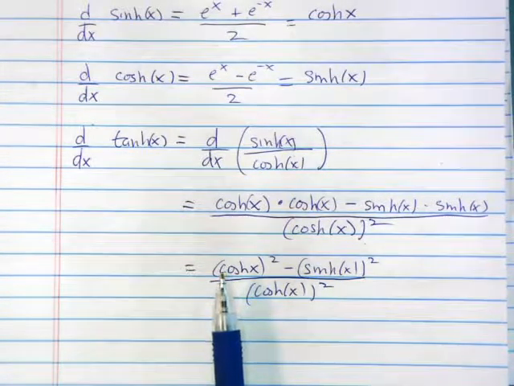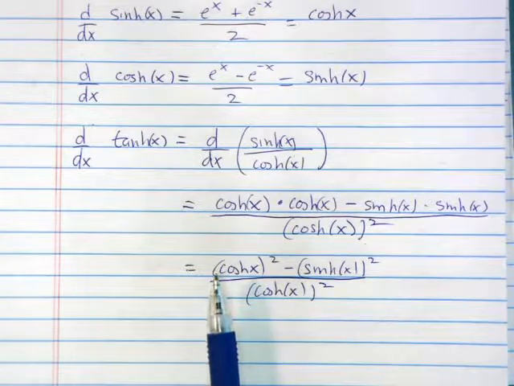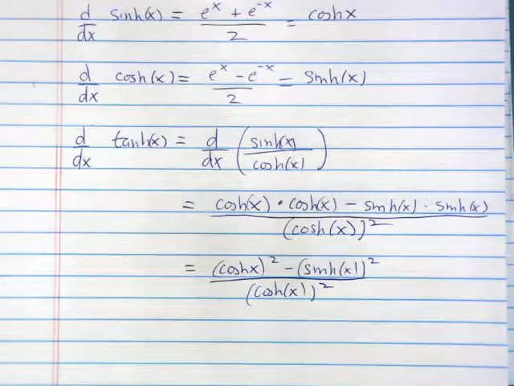Unfortunately, the same rule does not work for hyperbolic functions. Split that up into cosine squared divided by cosine squared minus sine squared over cosine squared. Could write it as 1 minus hyperbolic tangent squared.